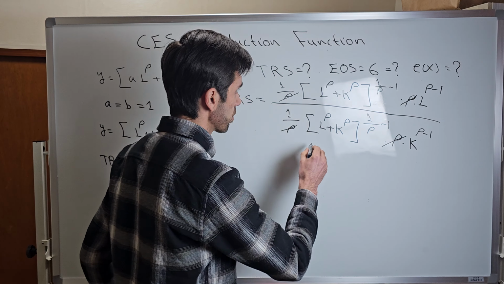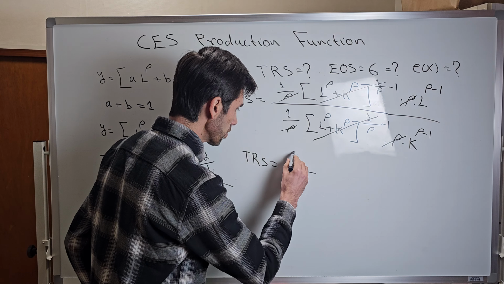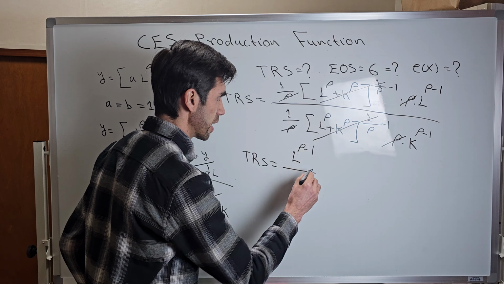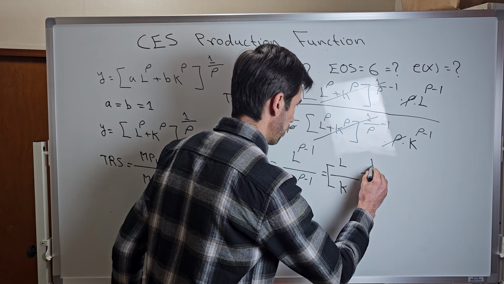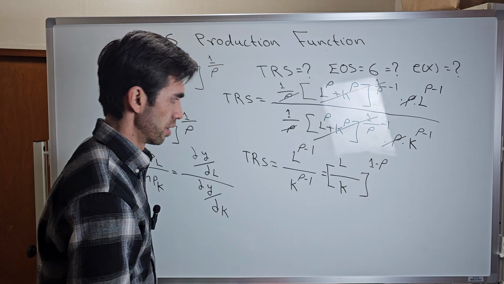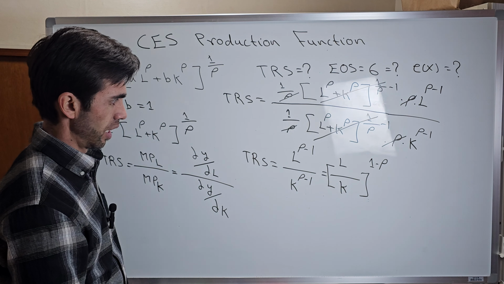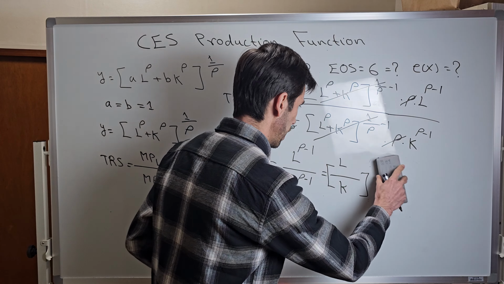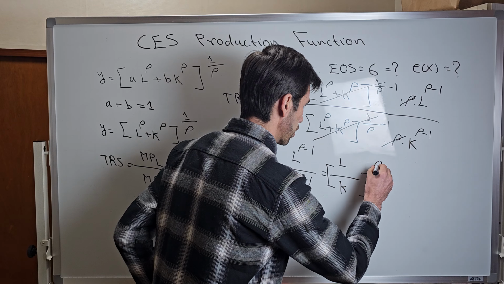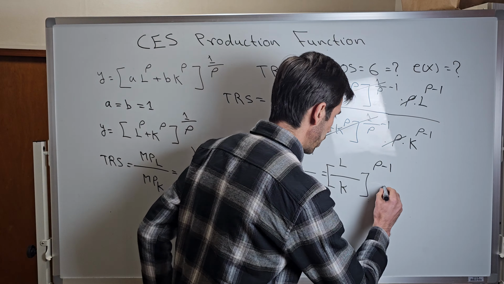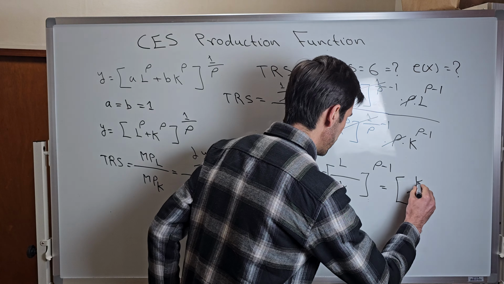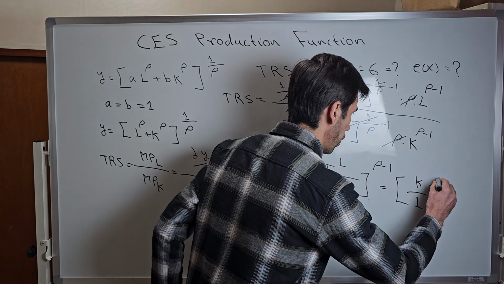So we have the technical rate of substitution for this CES production function: L to the power of rho minus 1 divided by K to the power of rho minus 1. So we have (L over K) to the power of rho minus 1, which we can also write as (K divided by L) to the power of 1 minus rho.